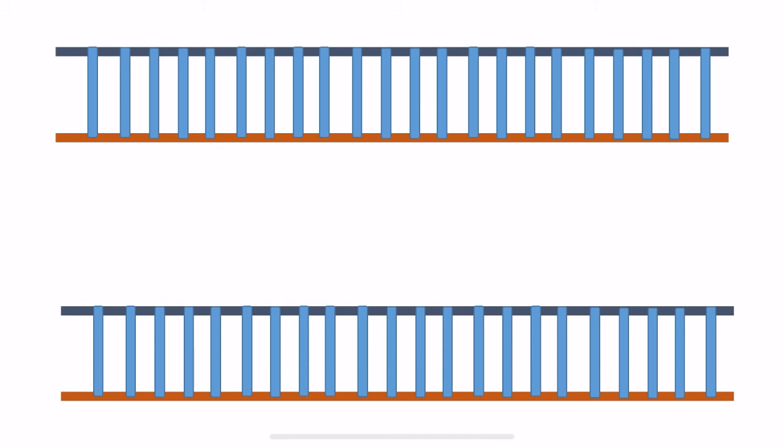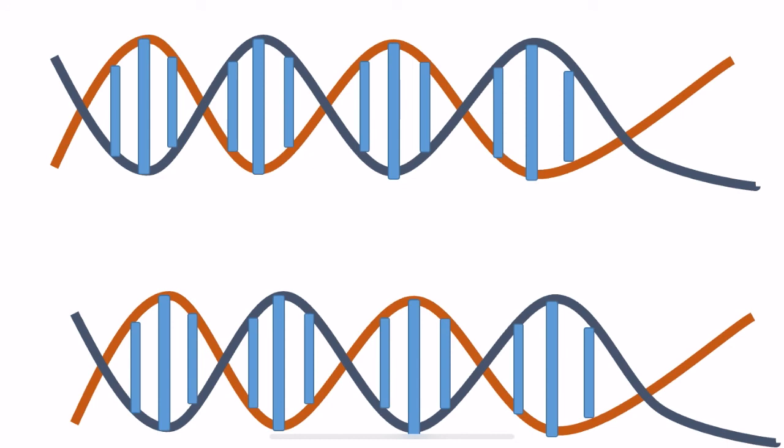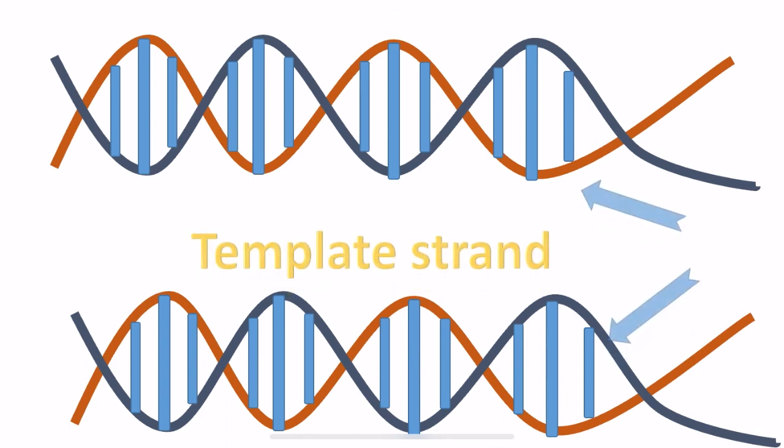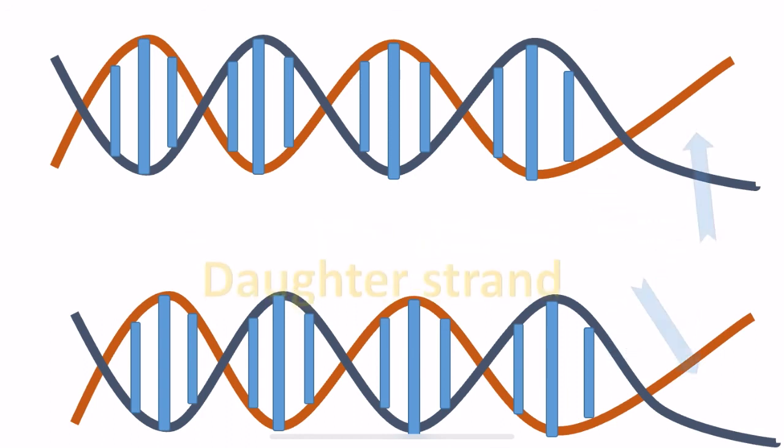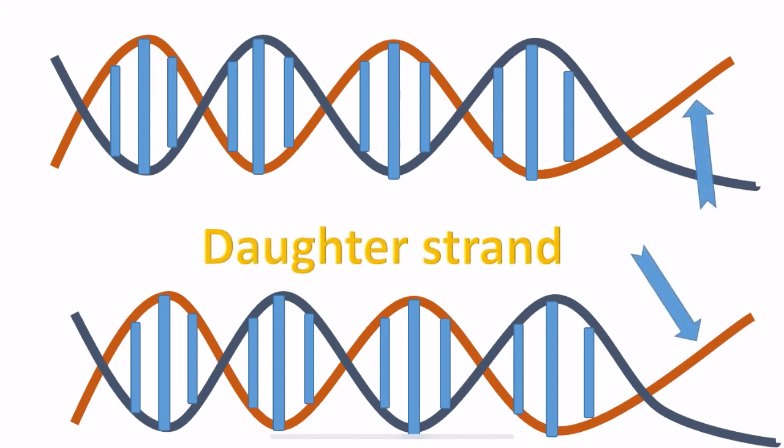And the newly formed segment is sealed by DNA ligase. So this is how the DNA will be converted into a perfect and correct helical structure, where the two strands are there, which are the template one, and the newly formed strand is called the daughter strand.